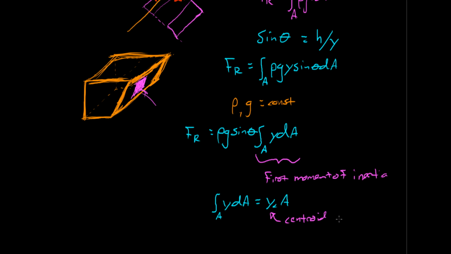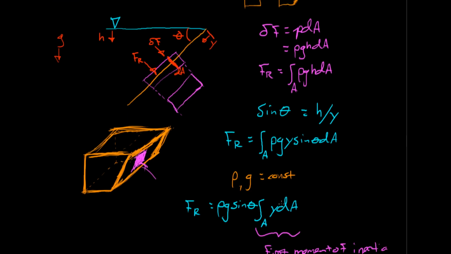And so, you may remember, for something like this rectangle, we can write a centroid in the middle of it, right? And that comes up here to our actual area that we're interested in.